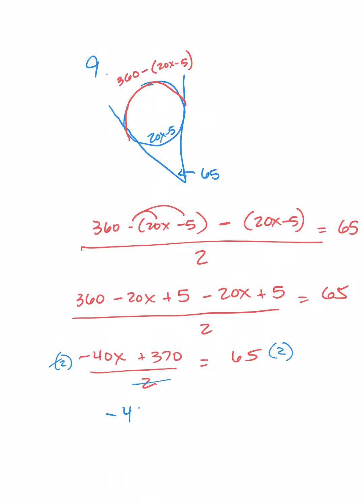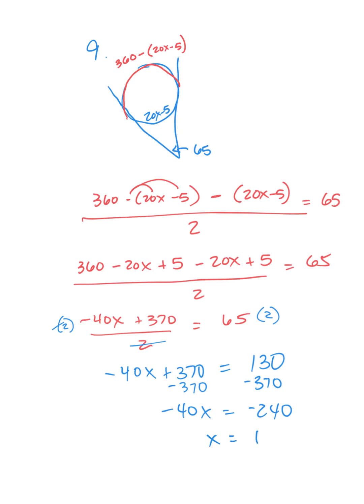We get negative 40x plus 370 equals 130. And what is 130 minus 370? That's negative 240. So x equals 6. Okay?